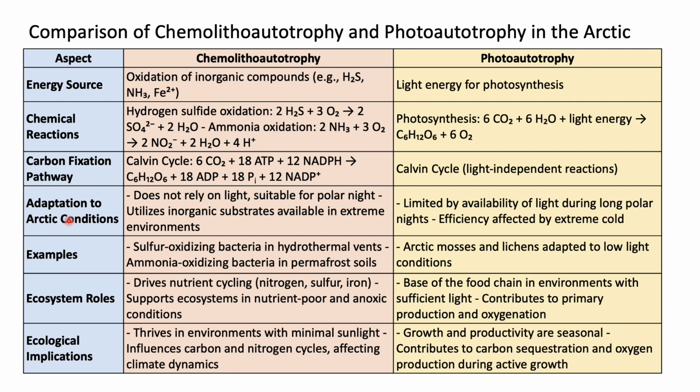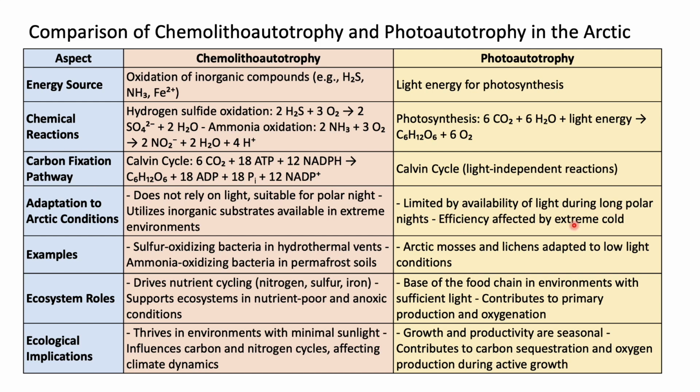How do they adapt to the Arctic conditions? The chemolithotroph does not rely on light. This is required during the polar night. So what they do is they utilize the inorganic substances available in the extreme environment. Whereas the photoautotrophy is limited by availability of light during long polar nights.